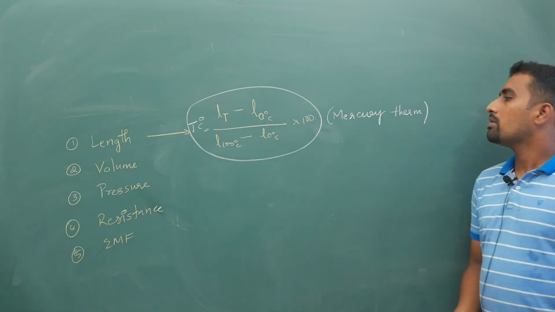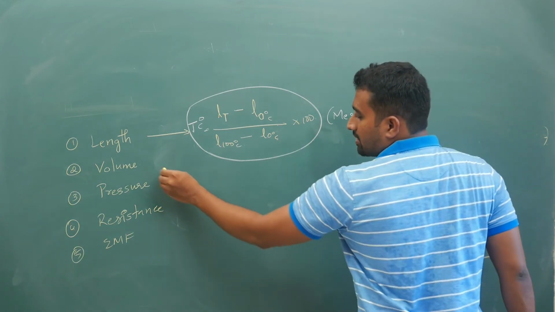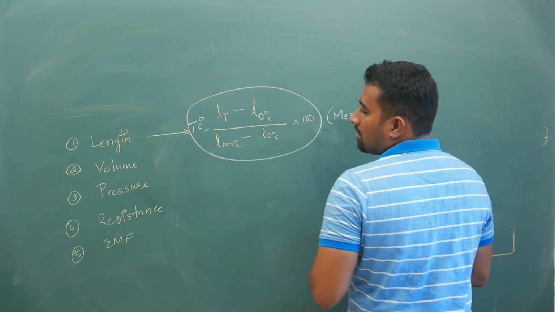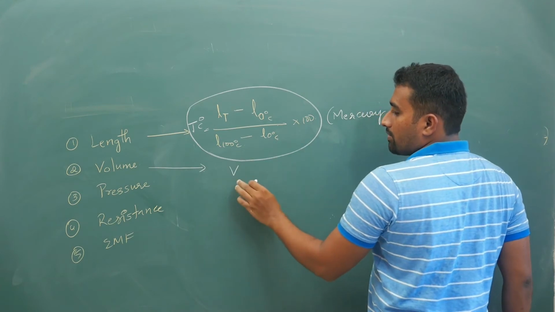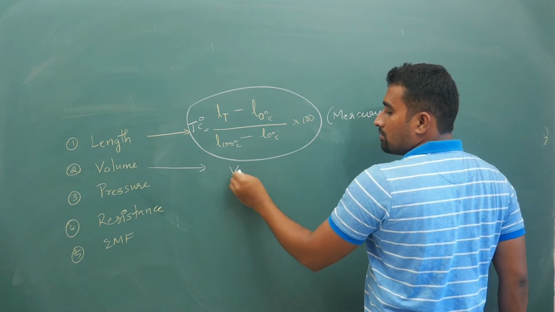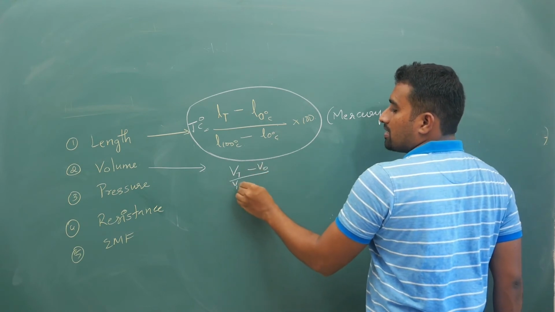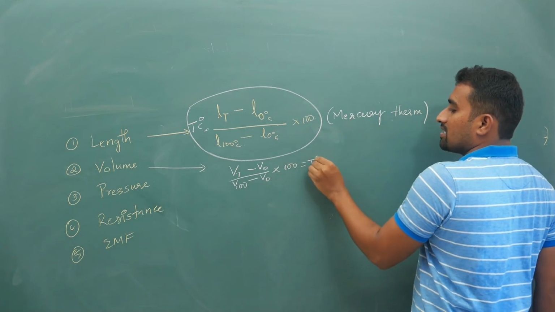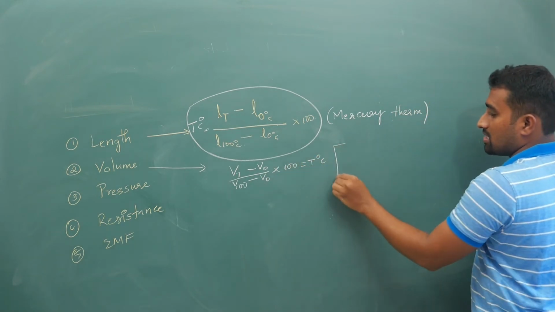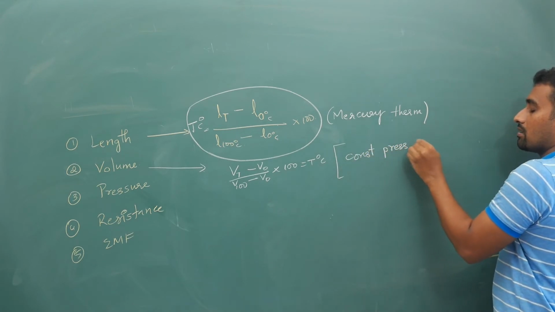Now, coming to your volume based thermometer. Once again, here your volume at temperature T minus volume at 0, by volume at 100 minus volume at 0, into 100 is your temperature in degrees centigrade. This is your constant pressure gas thermometer.